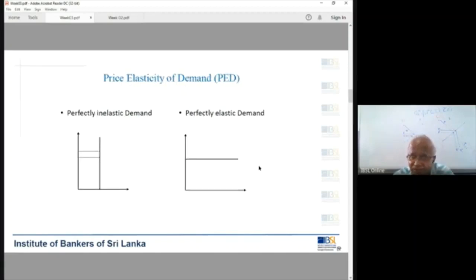This is interesting: perfectly inelastic demand. Whatever the price change, people will buy the same quantity. For example, demand for insulin, or for blood pressure tablets, or cholesterol-controlling tablets. Whatever the price, perfectly inelastic. The demand curve is vertical.